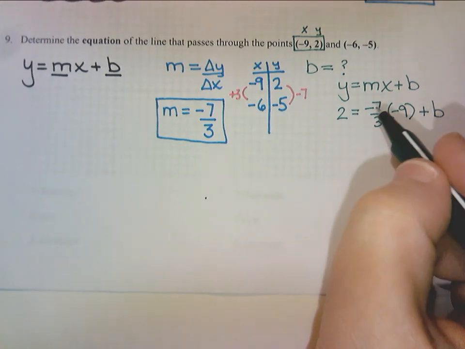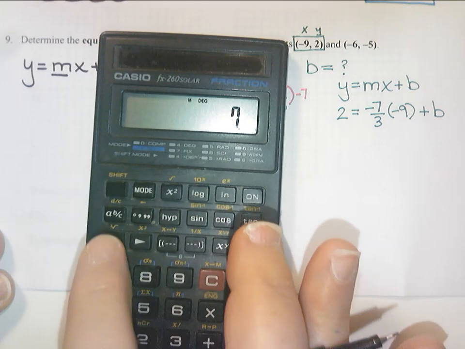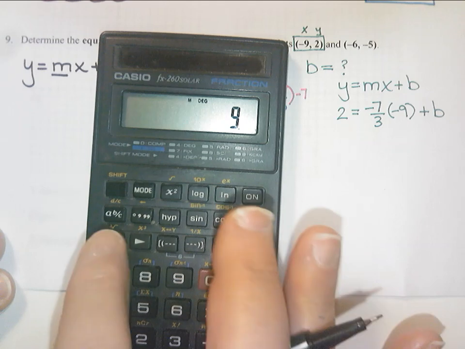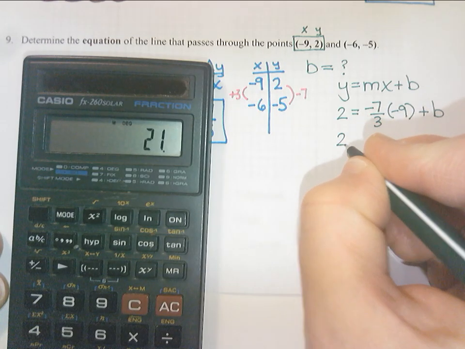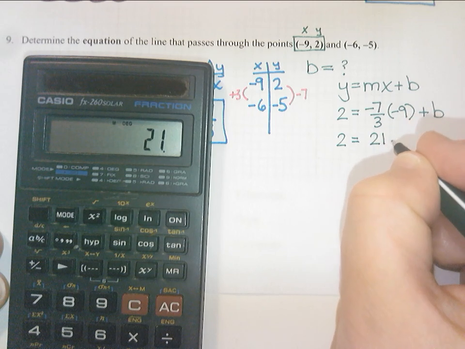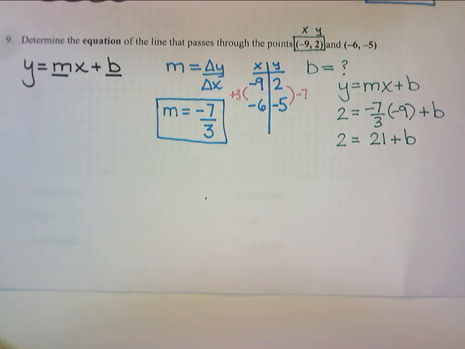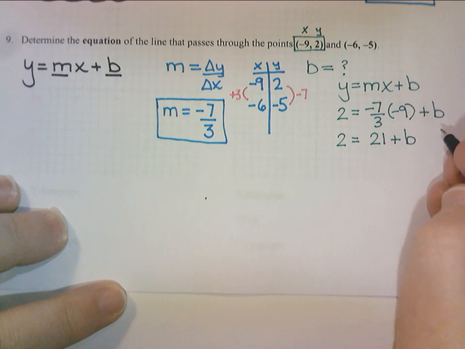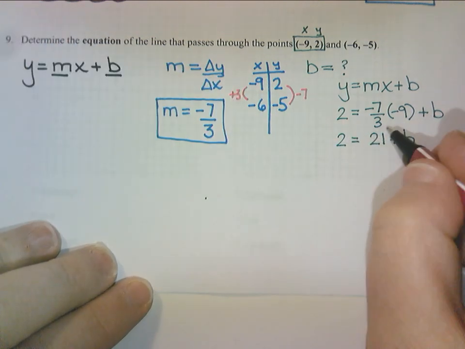All right, we are going to do -7 divided by 3 times -9. So -7 divided by 3 and then times -9 gives me 21. And that's a +21. All right, from here, we need to solve for b. If you feel comfortable solving b where it is, that's great. If not, I'm going to trade sides of the equation, and I'm going to reorder these 2 terms.